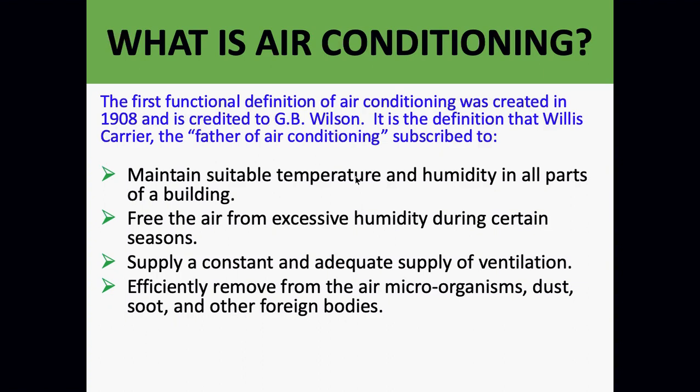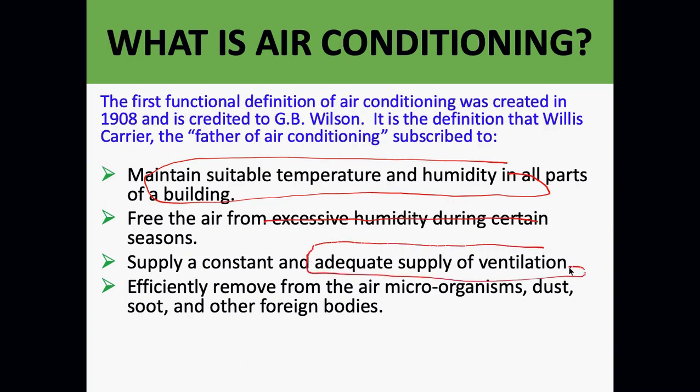Okay. So again, air conditioning, we try to maintain a suitable temperature in all parts of a building. We want to remove humidity. We want ventilation, and we try to remove as much dust, soot, and debris from the air as we possibly can. That's our goal of air conditioning.